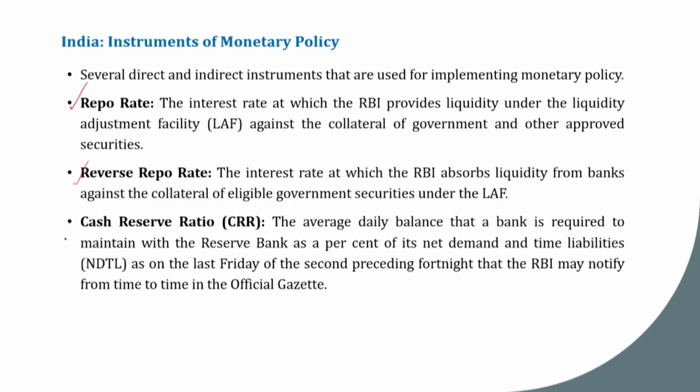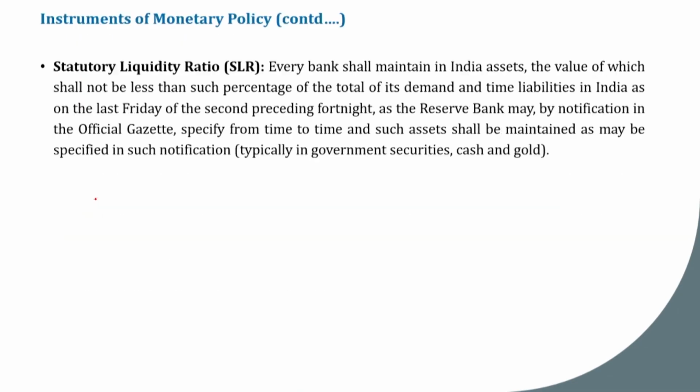And the cash reserve ratio, we have already defined it. Then coming to the statutory liquidity ratio, in one of the sessions I have clearly defined it: in addition to the required cash reserve ratio, banks need to keep SLR as well. It comes to approximately 19% of total deposits.